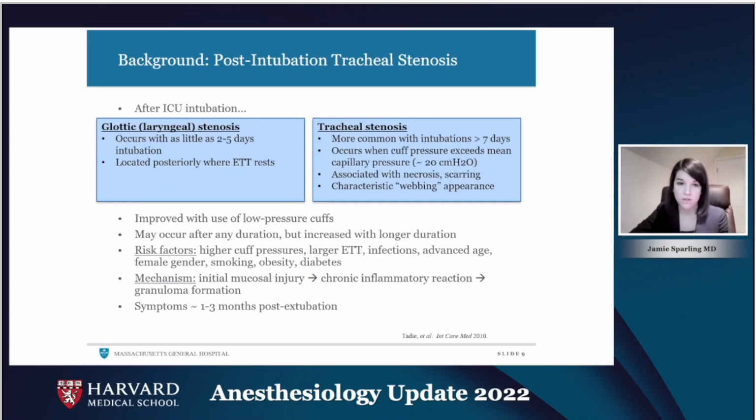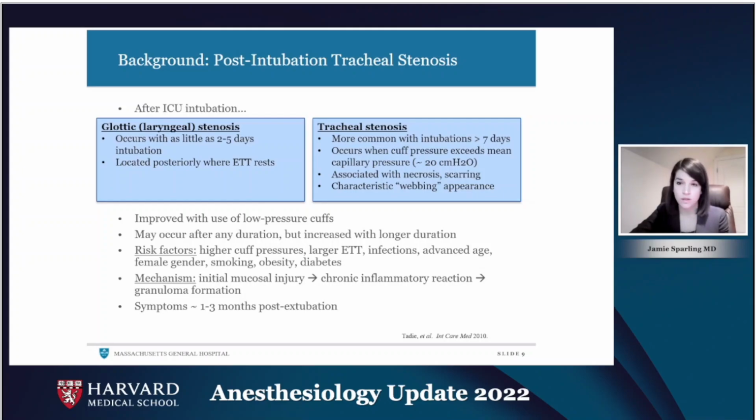It may present as two different types of stenosis. Glottic or laryngeal stenosis can develop in as little as 2 to 5 days of intubation. The stenosis is located posteriorly in the interarytenoid area, where the endotracheal tube rests in supine patients due to gravity.